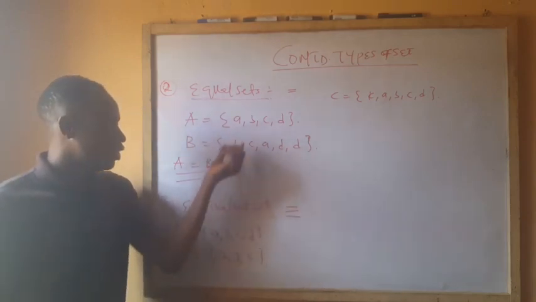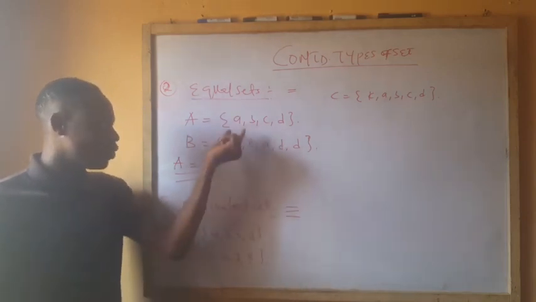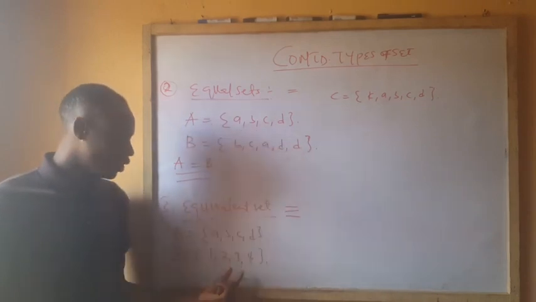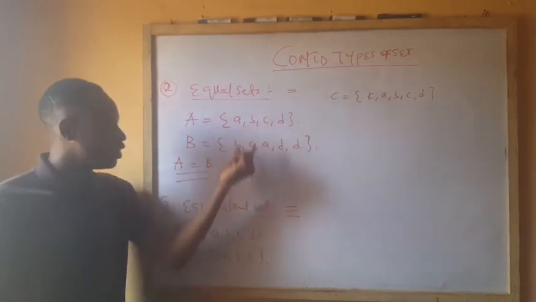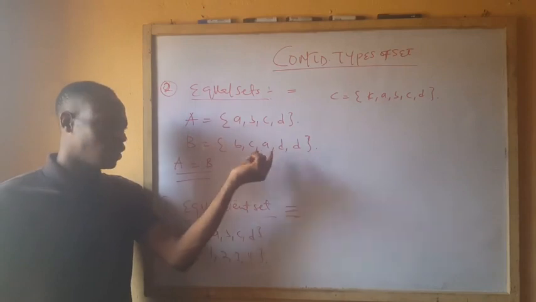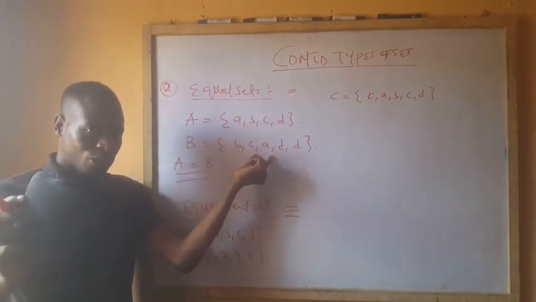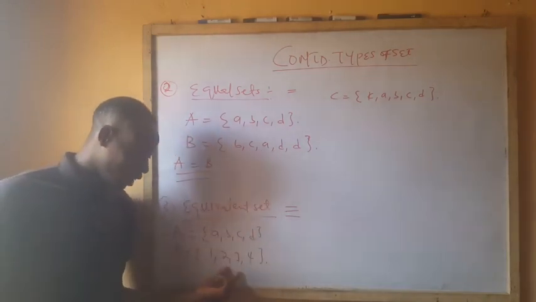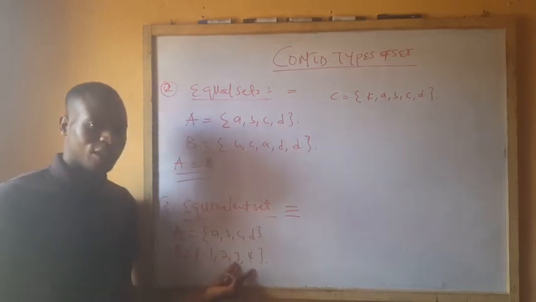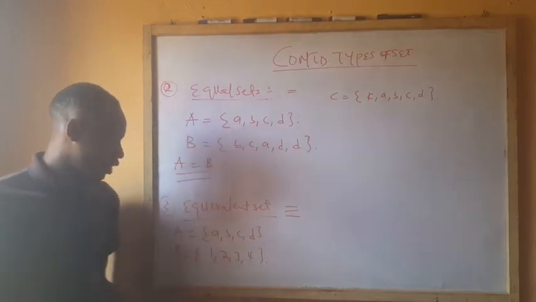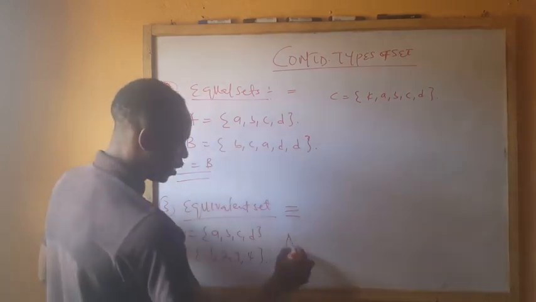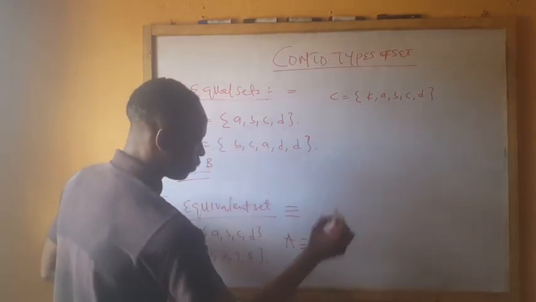The difference between this and this is that equal sets contain the same elements. Equivalent sets will contain an equal number of elements. In equal sets, what is here is also what is here. Then with this, what is here might not be what is here, but they have to be the same number of elements. Are we together? So these two are said to be equivalent. So A is said to be equivalent to B.